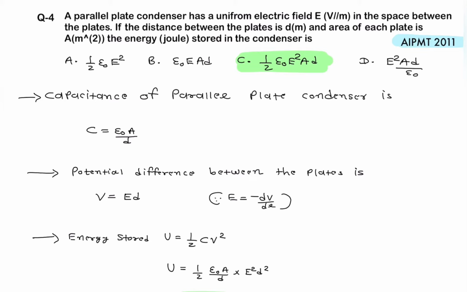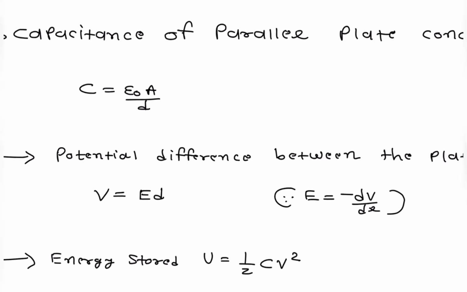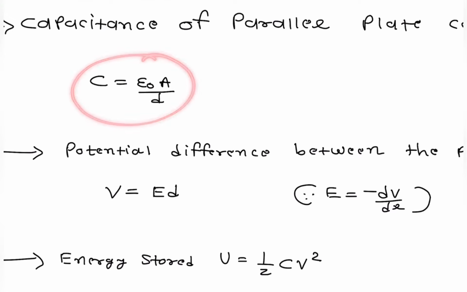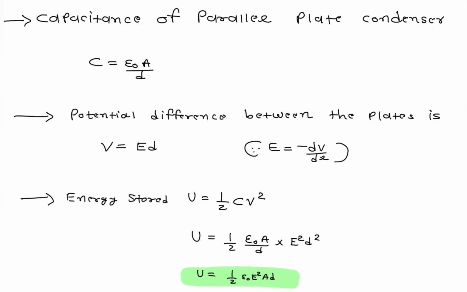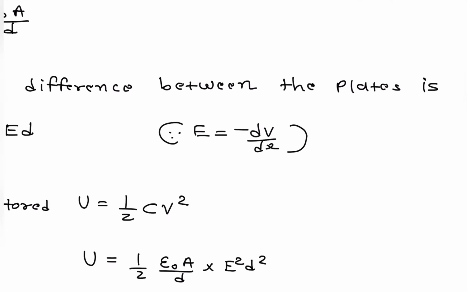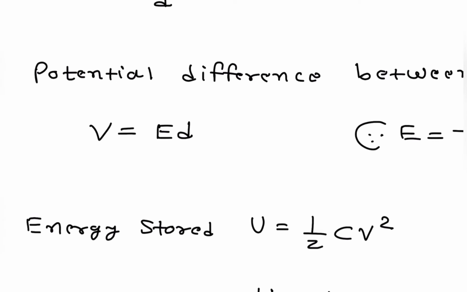So first of all, the capacitance of the parallel plate condenser is C is equal to epsilon naught A by D, and the potential difference between the plates is V is equal to ED. According to the formula, electric field is equal to minus dV by dl, that is the potential gradient. So V is equal to E into D, electric field into distance between the two plates.